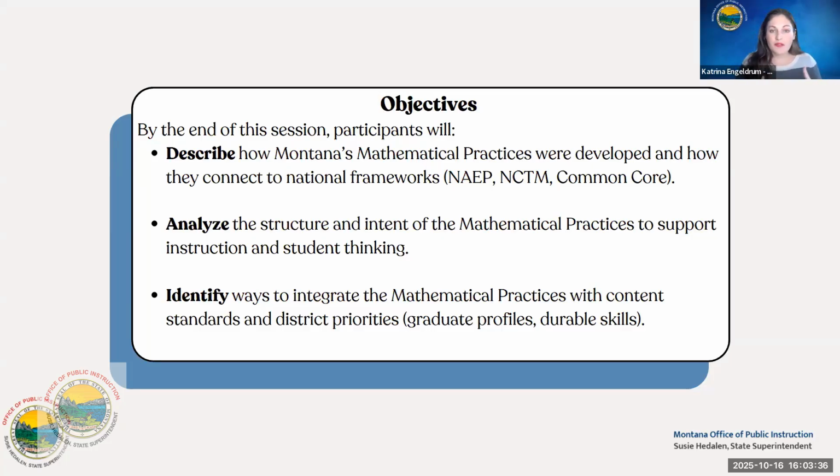We'll analyze some of those and try to start to break them apart and understand, because these are K-12 practice standards, what does that look like at the different levels that we teach? And then we'll start to identify ways to make these actionable, and how they link with some of the durable skills that our school districts have in their graduate profiles, and what they expect for graduated students.